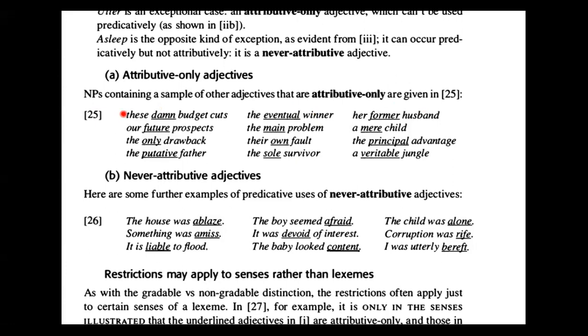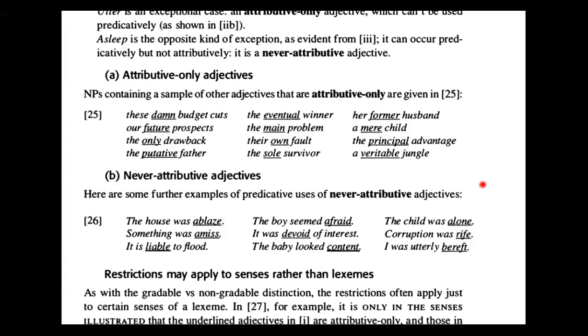This damn budget cut, the eventual winner, her former husband, our future prospects, the main problem, a mere child, the only drawback, their own fault, the principal advantage, the putative father, the sole survivor, a veritable jungle.